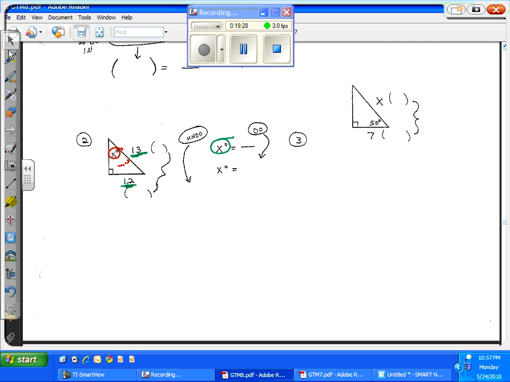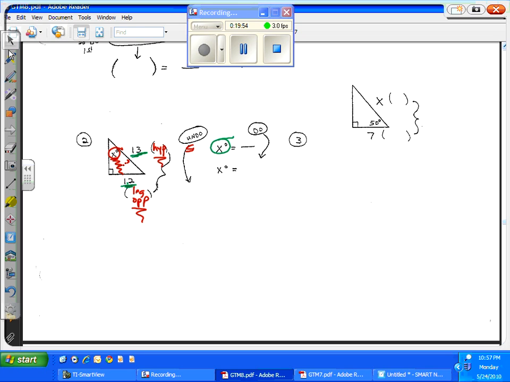Well, the 13 is the one across from the right angle. It's the hypotenuse. I guess I should have put it there. The 12 is a leg. It's the leg opposite the x. So we have leg opposite and hypotenuse.